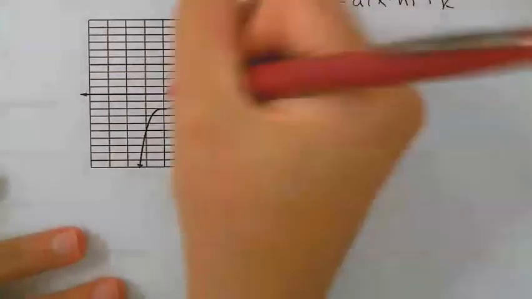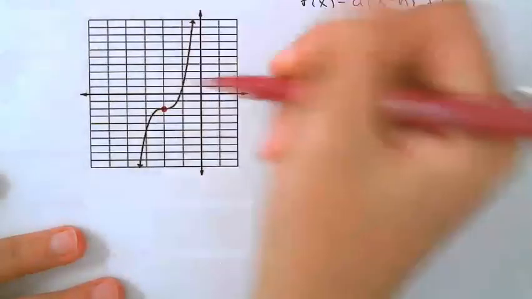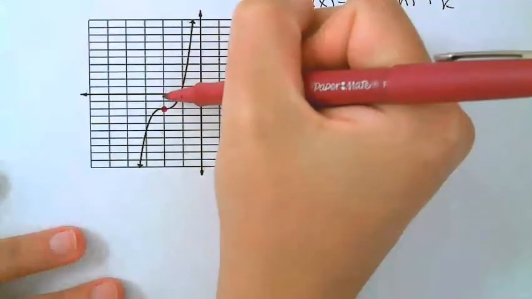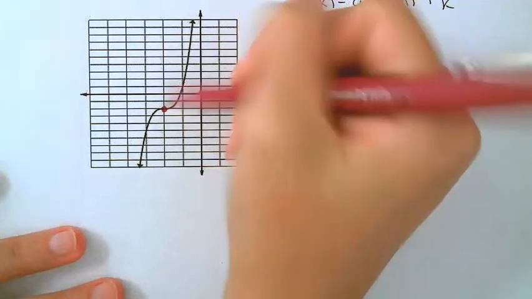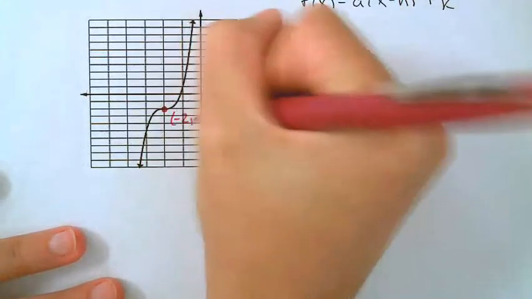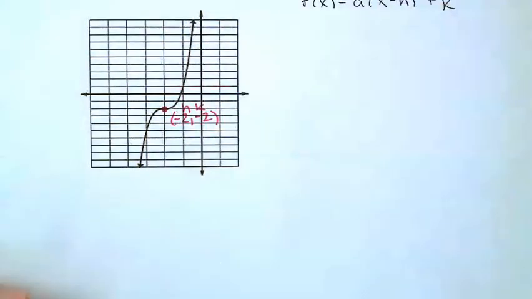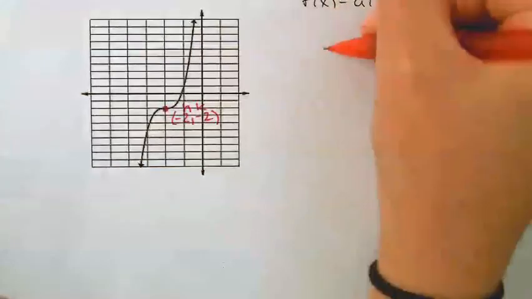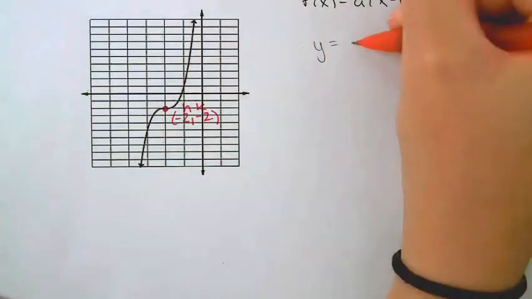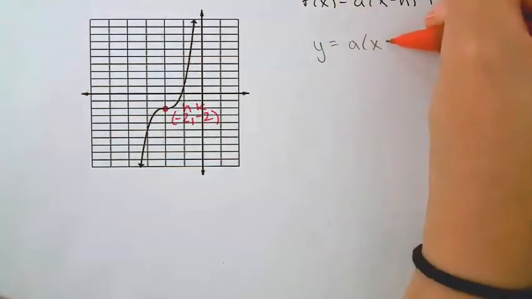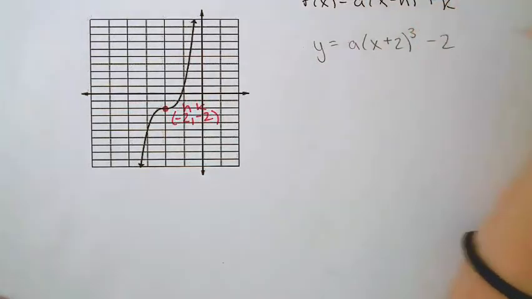First, we're going to start by finding this center point, and that's at negative 2, negative 2. And that gives you your h and your k value. So we just substitute them in. I'm going to change this to y because f of x is the same thing as y. So minus a negative is plus 2 cubed, and then minus 2 out there.